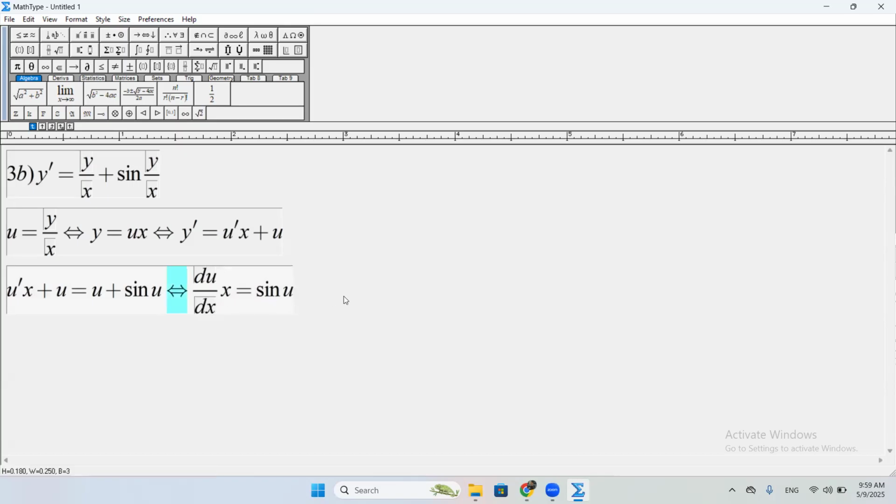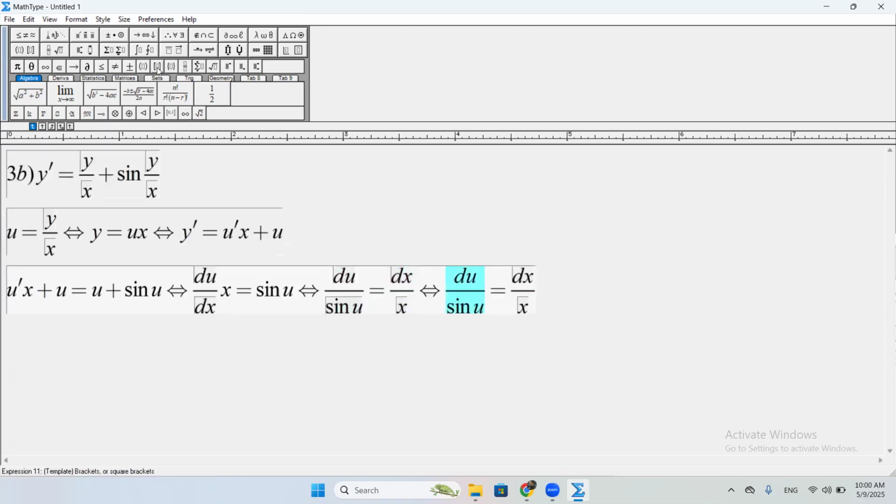So separating variables, what do we have? du over sine of u equals dx over x. Now we will integrate.